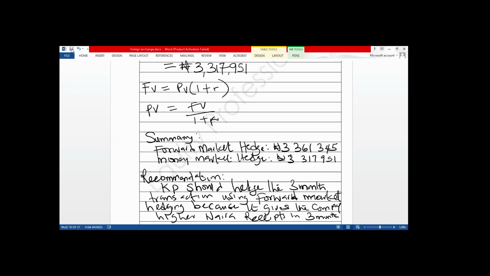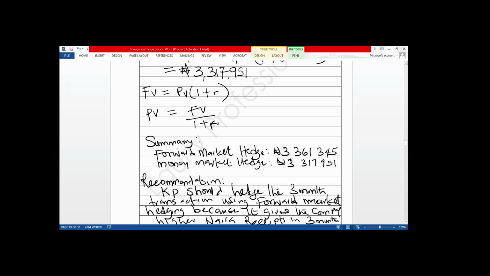I have a question. Step 2 under the money market hedge: the company had to borrow the Central African dollar. So if the company is in Nigeria, how do they carry out that borrowing?